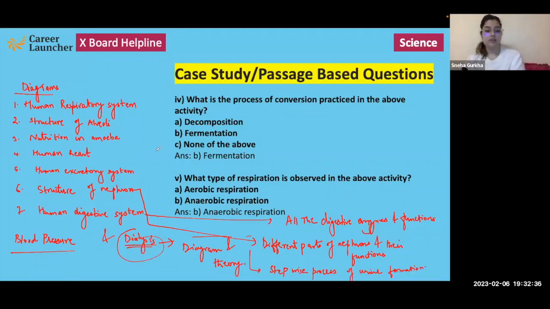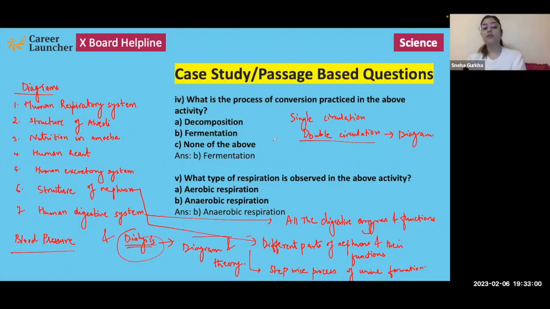In the transportation part, what is single circulation, what is double circulation, along with the diagram of double circulation. Remembering that is important, right?